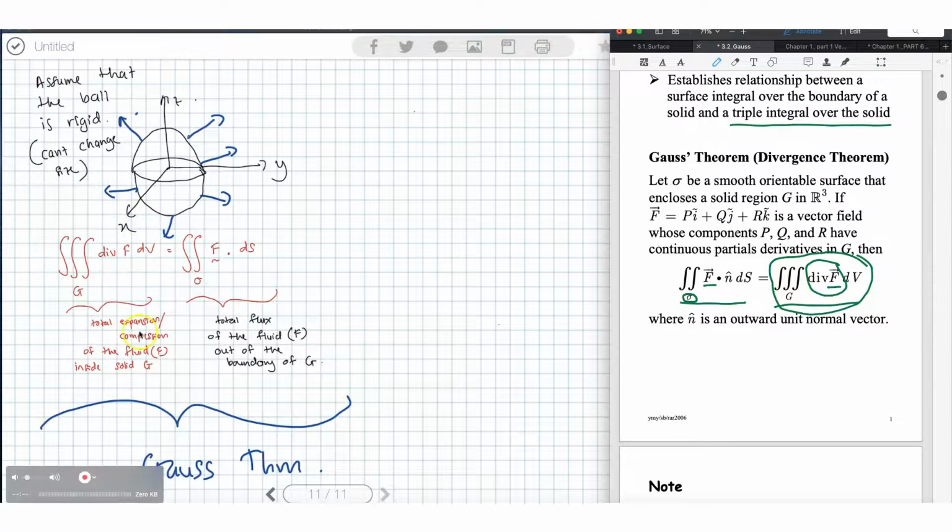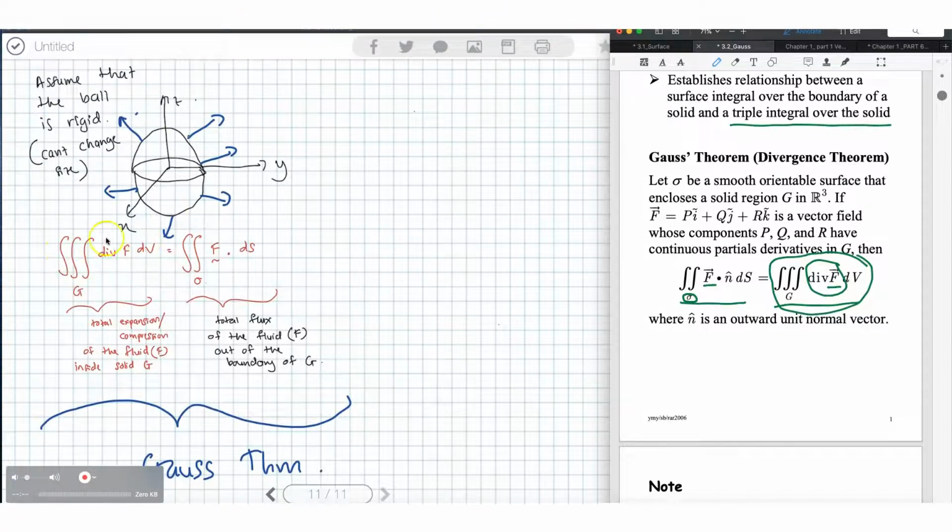How can we have the words expand and compress? Because we have the value of the divergence here, which depends on the F that you have. If the value is positive, it becomes expansion, diverge, right? Because you have a source point and it diverges. But if your divergence is negative, the gas becomes compressed, or you call that a compression.